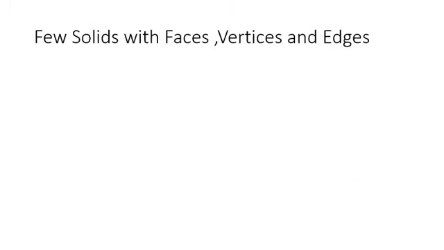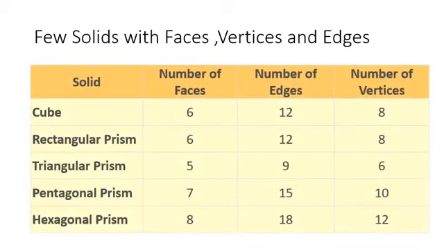A few solids, I am showing you one table which will help you to know the faces, vertices and edges of a few solids. Like this is one of the tables. For a cube, the number of faces is 6, the number of edges is 12 and the number of vertices is 8. Likewise, for a rectangular prism, the number of faces will be 6, the number of edges will be 12 and the number of vertices will be 8.